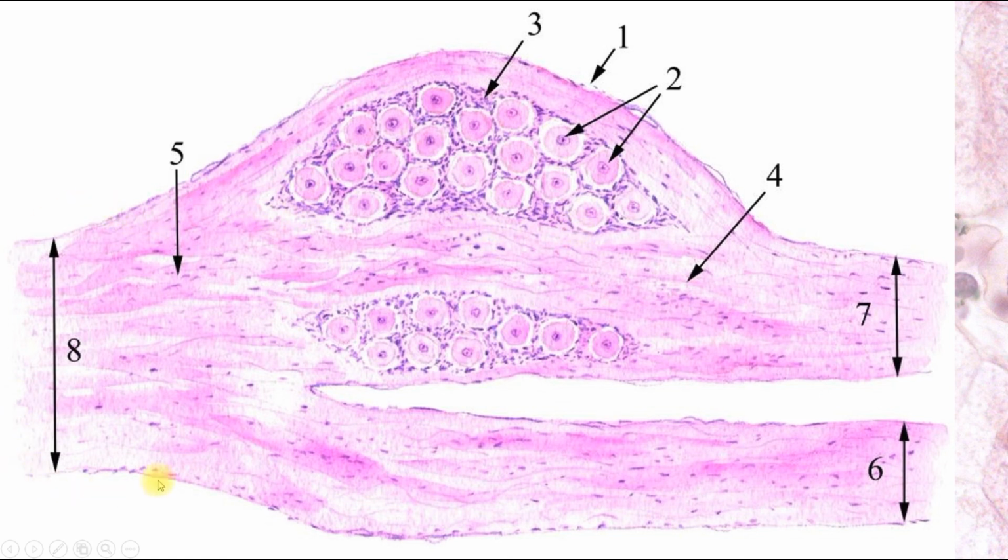Here we can see spinal nerve and two roots. Posterior root, sensory root, it contains spinal ganglion, and anterior root, it's motor root, it doesn't contain spinal ganglion. So this root contains axons of motor neurons.